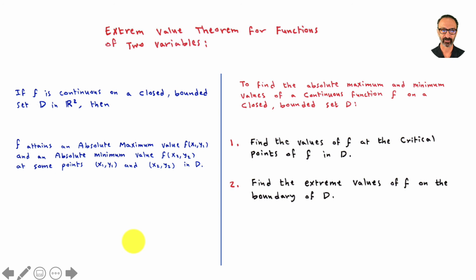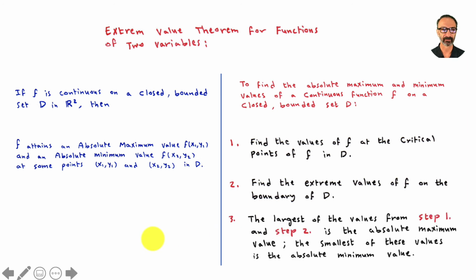Step 2: find the extreme values of f on the boundary of D. Step 3: the largest of the values from step 1 and step 2, when you compare them, is the absolute maximum value, and the smallest of these values is the absolute minimum value. Here's an example about the extreme value theorem to explain all these 3 steps and how you apply it with the boundary points.